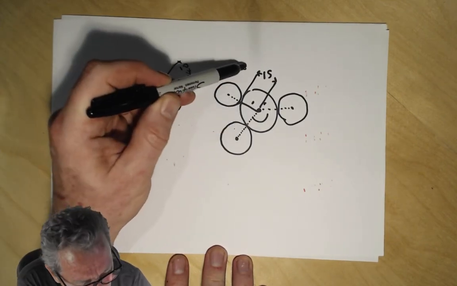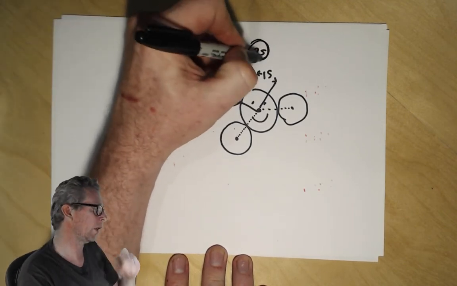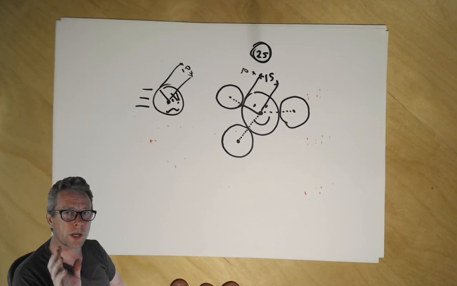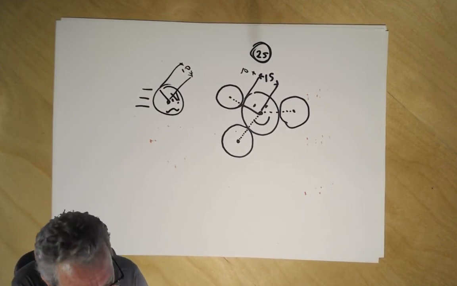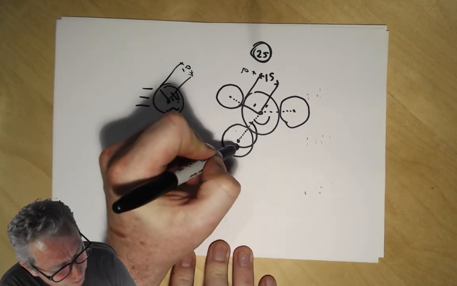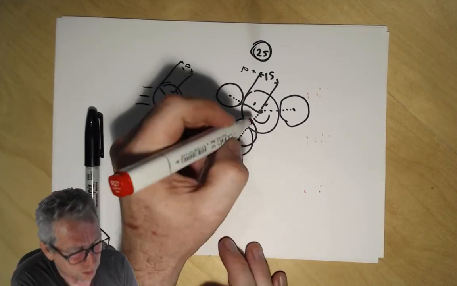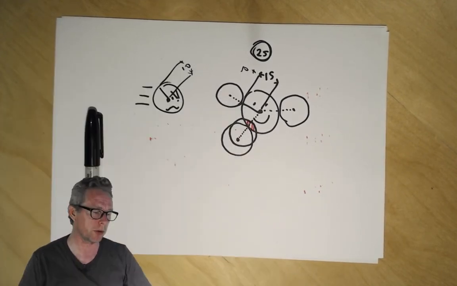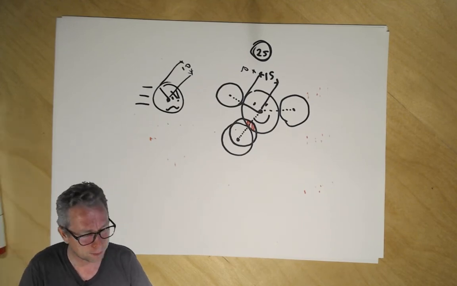It's always 25. So if the distance between the centers of the circles is ever any less than 25, there must be some overlap. That's the test that we will use to see whether the snowball has hit the head of the snowman.